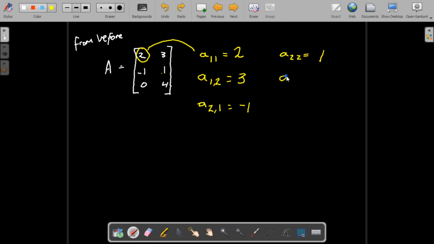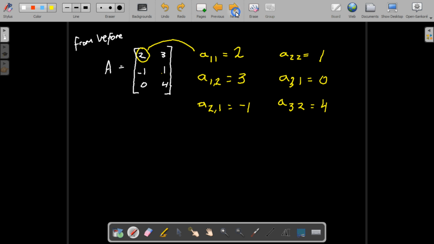Again, always rows by columns. And we'll have a_31 is 0, third row, first column. And a_32, third row, second column, is equal to 4. So these numbers are all my elements of matrix A.